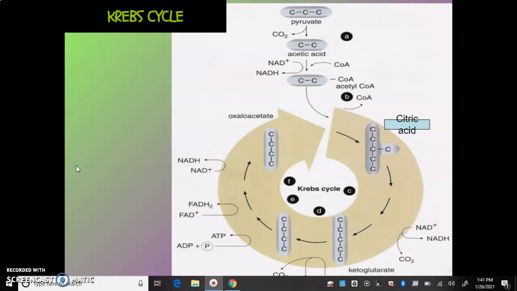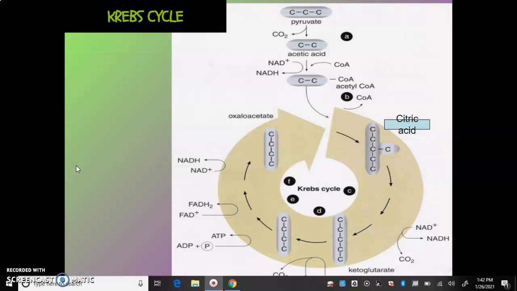So we're breaking down pyruvic acid into acetyl-CoA, which is a 2-carbon now. Now that acetyl-CoA is going to combine with a 4-carbon called oxaloacetate. That then becomes the first compound produced, which is known as citric acid or citrate. So that's why the Krebs cycle is also known as the citric acid cycle.